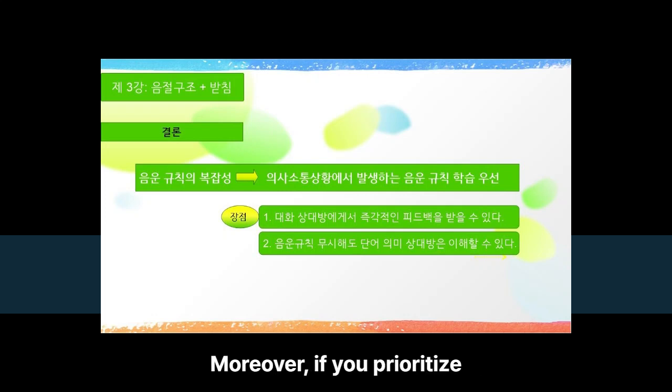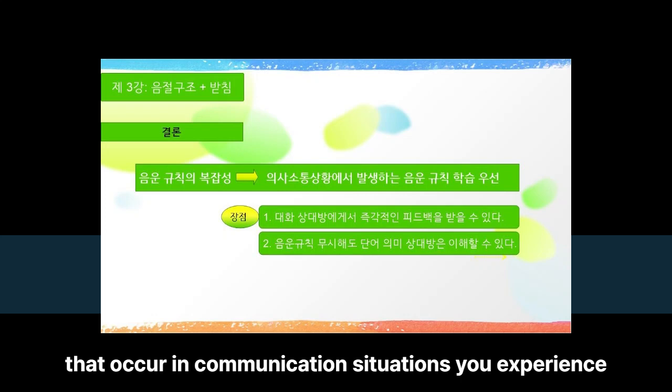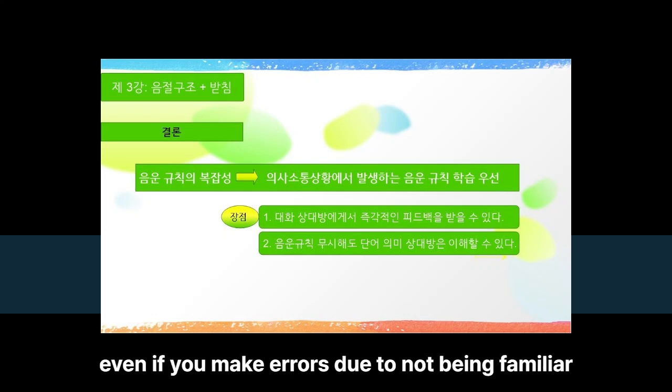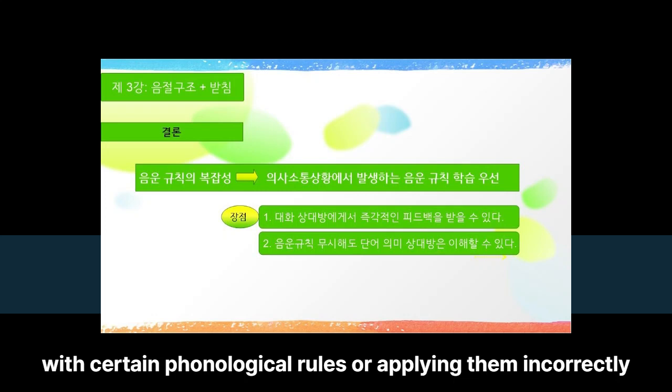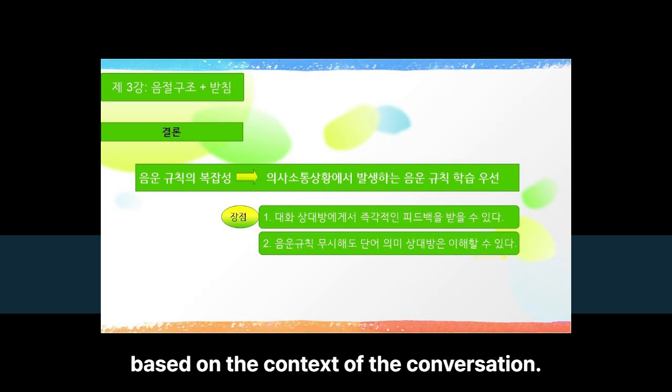Moreover, if you prioritize learning and practicing phonological rules that occur in communication situations you experience, even if you make errors due to not being familiar with certain phonological rules or applying them incorrectly, your conversation partner would still be able to understand your speech based on the context of the conversation.